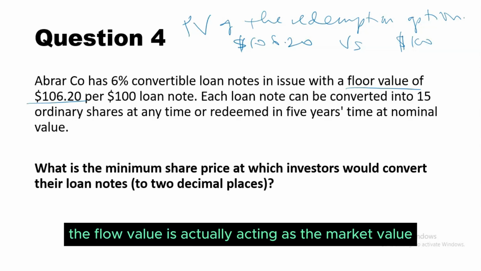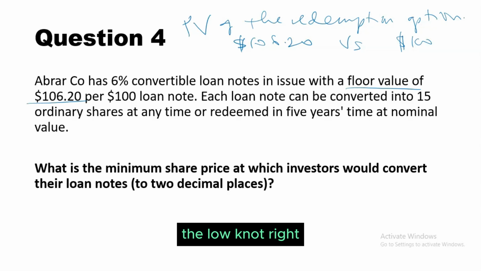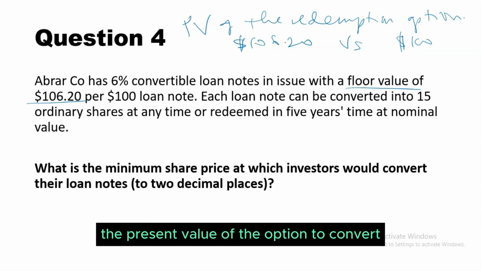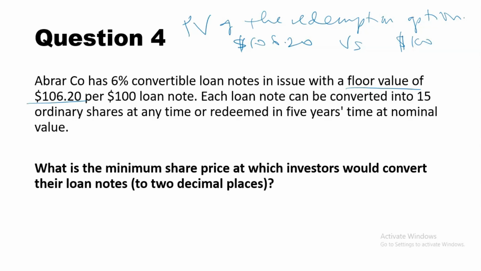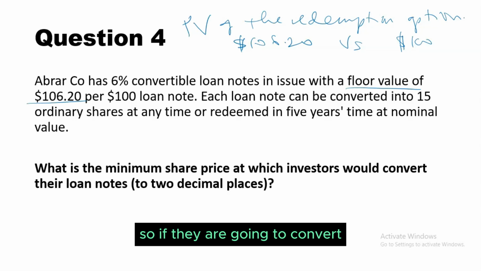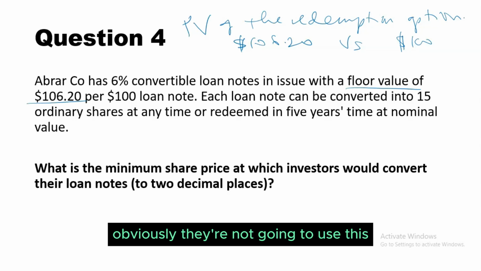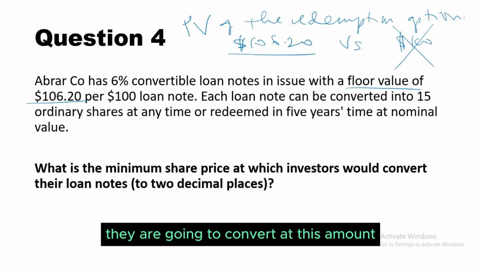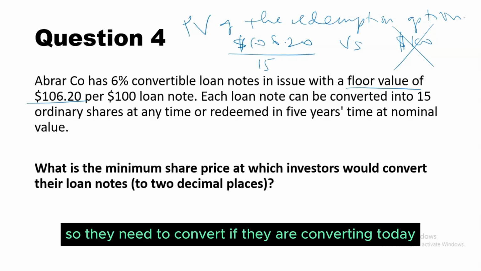The floor value is actually acting as the market value of the loan note, or let me just say the present value of the option to convert. So if they are going to convert, obviously they're not going to use this. They are going to convert at this amount, which is going to give them more money. So they need to convert.